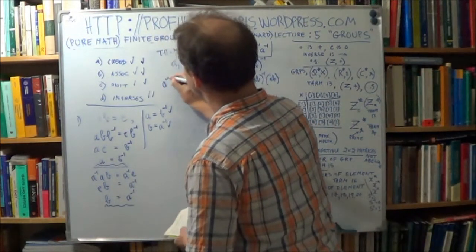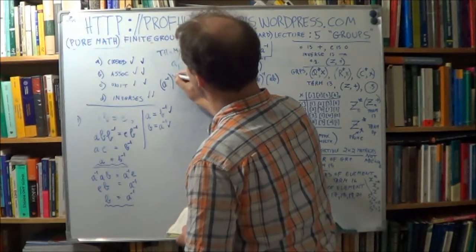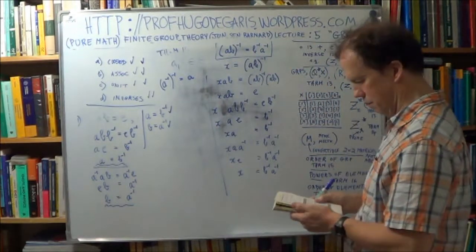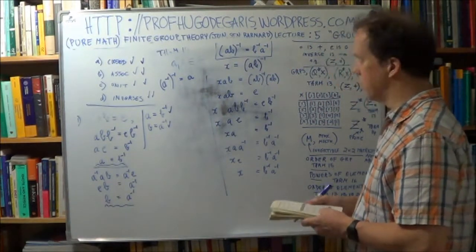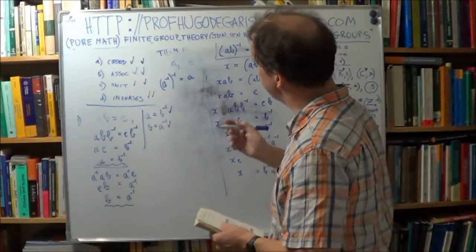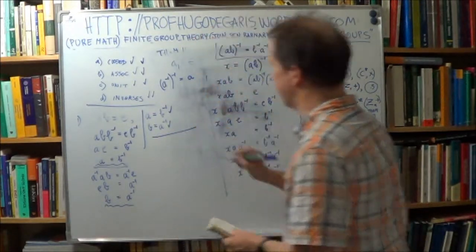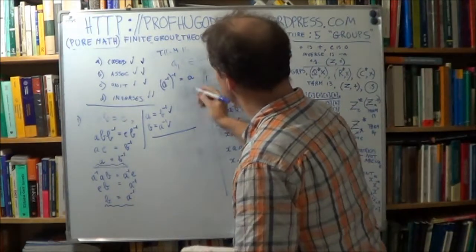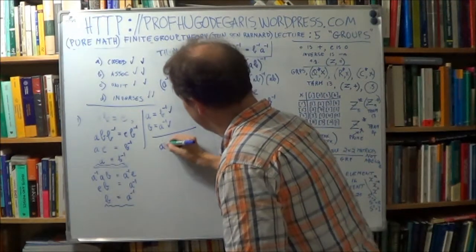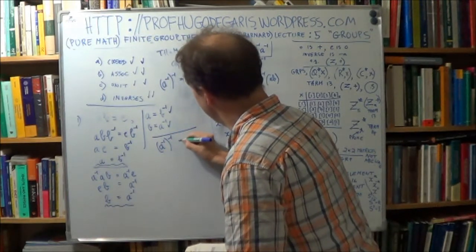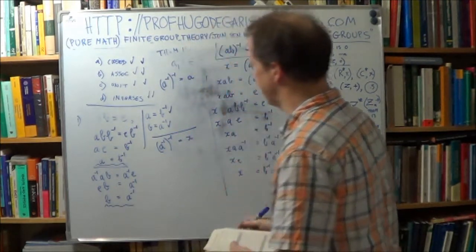Prove that the inverse of the inverse of something is just the something. How would you do that? Well, again, there's probably various ways. One way is sort of like this. So let A inverse be X. Okay.